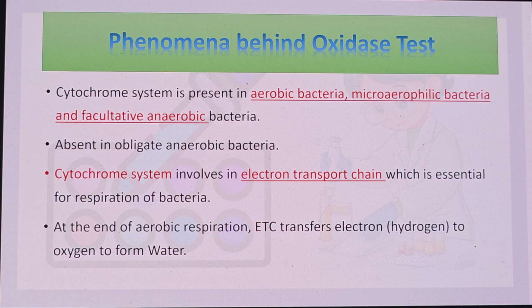Cytochrome system is mainly present in aerobic bacteria, microaerophilic bacteria and facultative anaerobic bacteria, but absent in obligate anaerobic bacteria. Cytochrome system involves in electron transport chain, which is mainly essential for respiration of the bacteria. At the end of aerobic respiration, electron transport chain transfers electron, that is hydrogen to oxygen, to form water molecule.